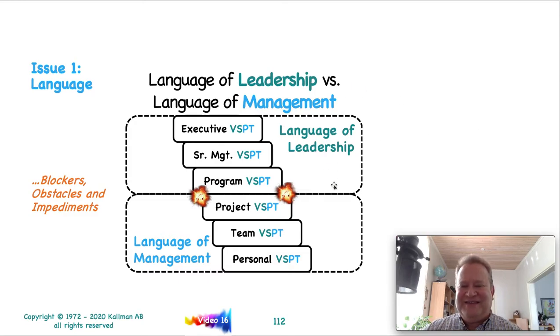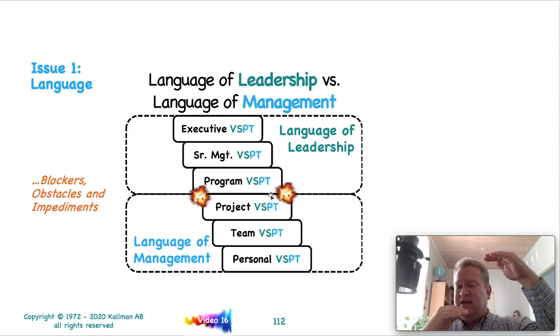Now, I just had a really good chat with Alex about this recently, and I mentioned to him that this line going across here in the middle, it can move. It really depends on your organization. It's not a clear demarcation. So you've got the one language between business and technology, and now you have two other languages that people are speaking, and that's the language of leadership versus the language of management.